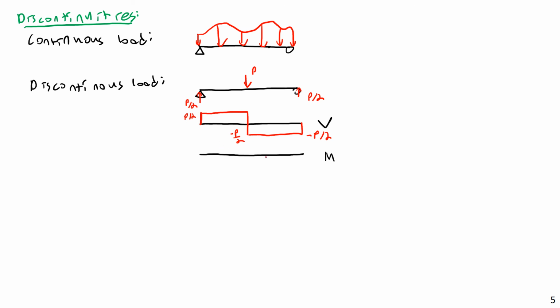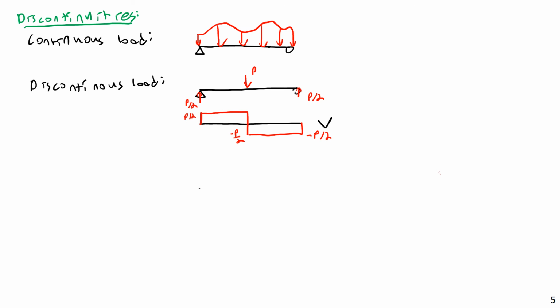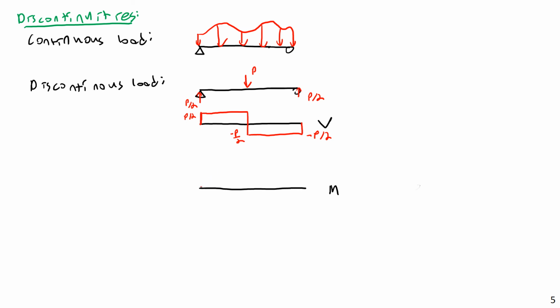And then moment, actually let me draw this moment a little bit lower than that. I want to give myself some room to write. The moment is going to be continuous but not differentiable. Again, using mathematical definitions of continuity and differentiability, this is going to be a linear function, a nice straight line, if I can manage to draw a straight line for once in my life.